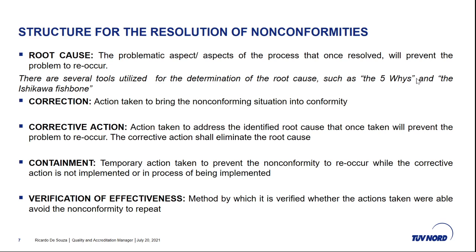So you can continue going until you find the root cause. So let's say the root cause is that the requirement from the customer is not transferred to the work instruction, and then the operator doesn't know. He said, "Okay, I'm using this because it's not specified which component I should use." So in that case, the corrective action is I'm going to create a work instruction that tells exactly what is the component that should go on that particular headset.